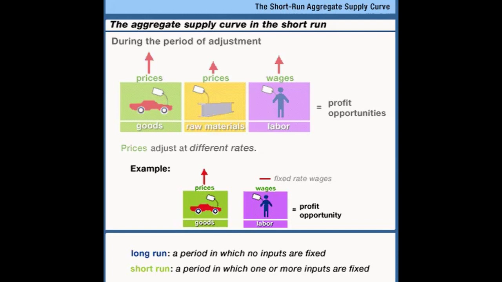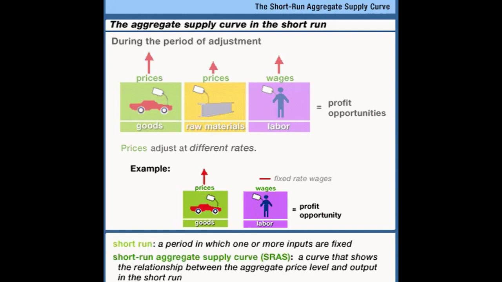The short-run aggregate supply curve shows the relationship between the aggregate price level and output in the economy in the short run. And the short run is going to be a period of time before all prices have reached their final adjustment.